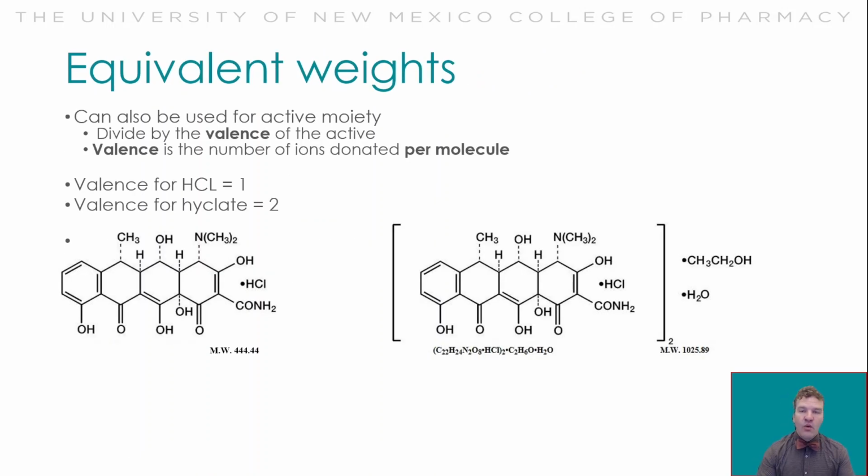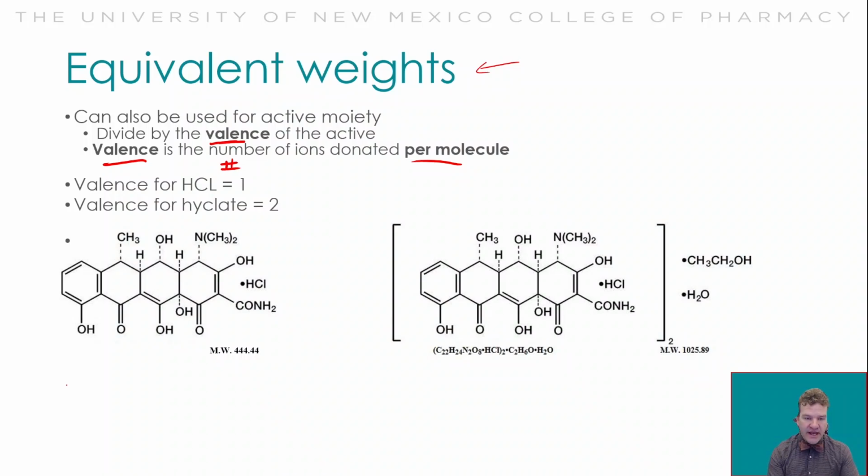All right, we can also use equivalent weights for active moieties. So here we're dividing by the valence of the active component. So the valence is the number of ions per molecule. So the valence for the tetracycline hydrochloride is 1, and the valence for the hyclate is 2.